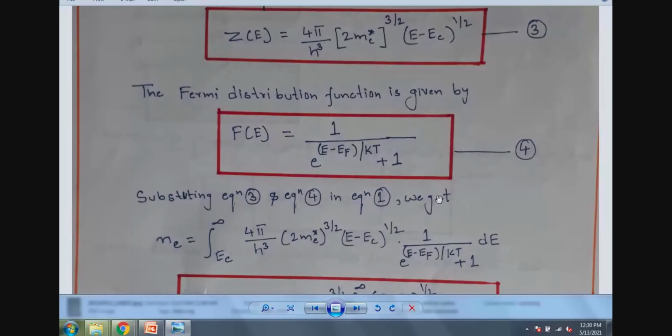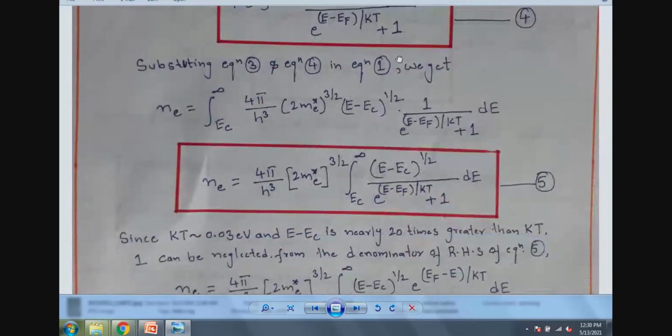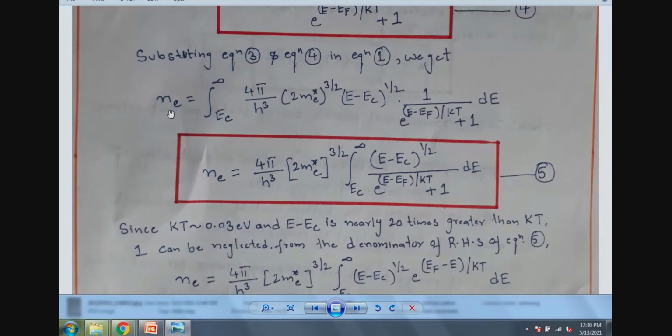So what you get here is the density of electrons in the conduction band equal to the integral with limits from EC to infinity. You substitute all the values in equation 1.